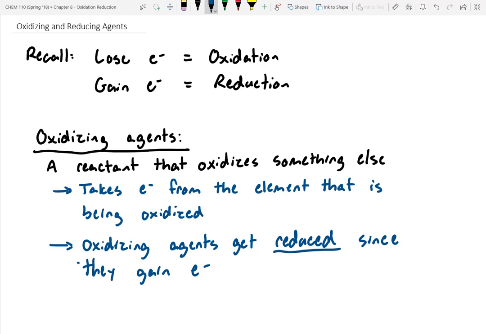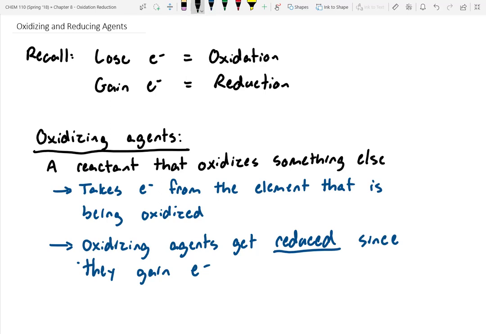Say gain electrons. Does that make sense? It's the number one thing that students struggle with, this idea that an oxidizing agent gets reduced in the overall reaction. It doesn't seem to make a lot of intuitive sense, but if you boil it down to the main concept, if it's taking an electron from the thing being oxidized, it must be getting reduced.